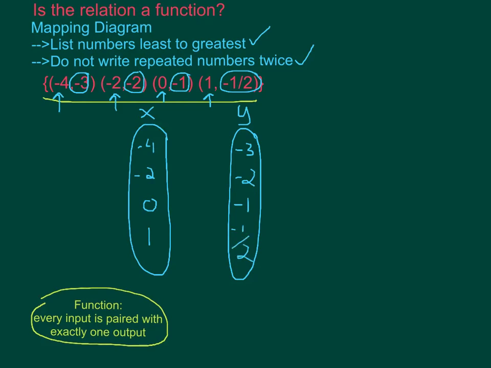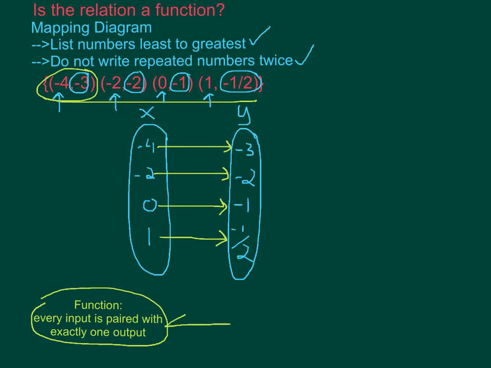And now what we do is we pair them up with arrows. The point -4, -3, pair them up with an arrow. -4 matches up with -3, -2 matches up with -2, 0 matches up with -1, and 1 matches up with -1/2.